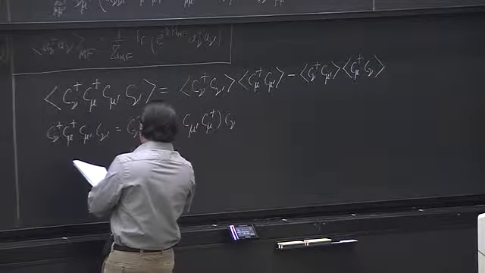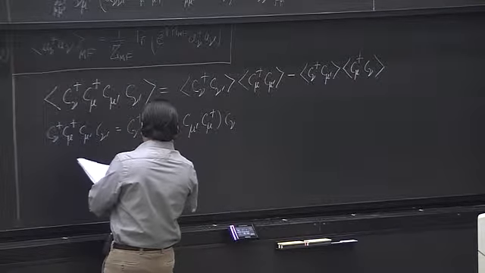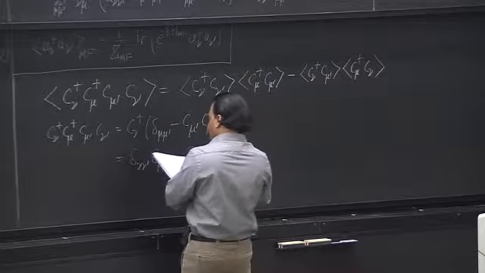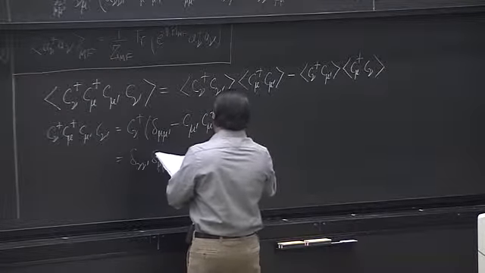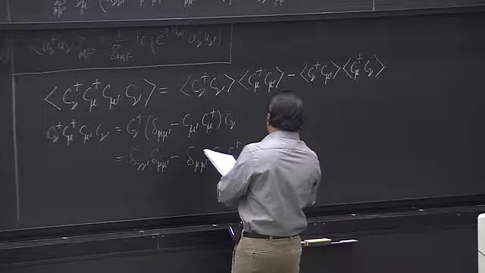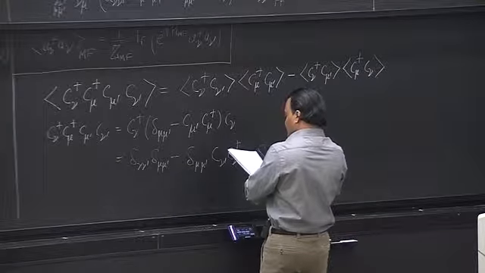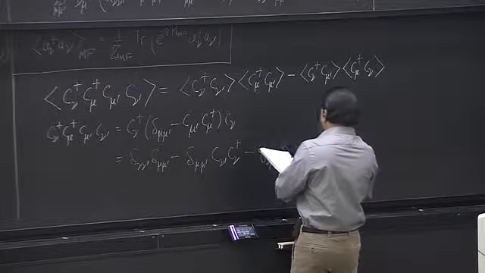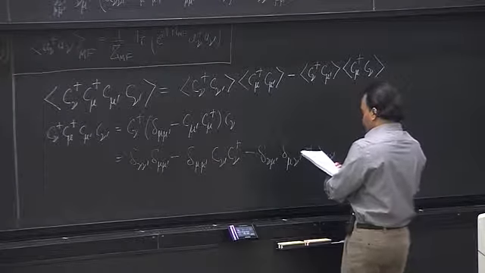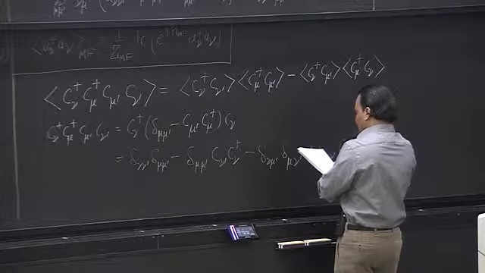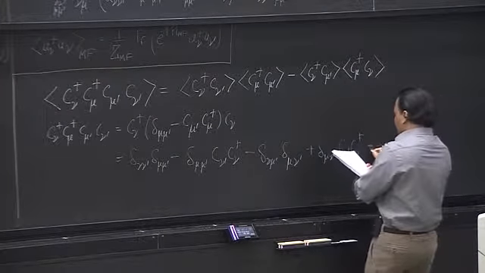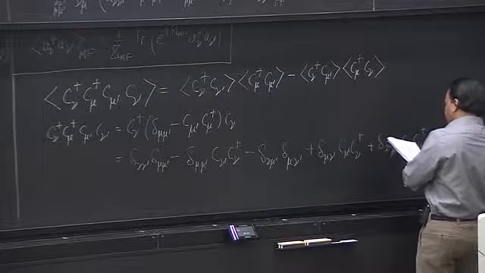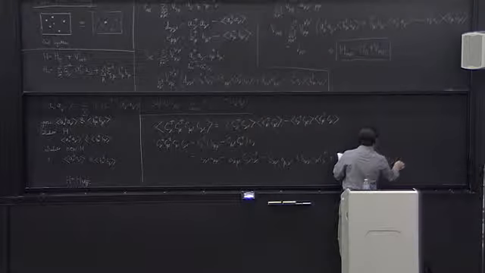This is equal to delta nu nu prime delta mu mu prime minus delta mu mu prime C nu prime C nu dagger minus delta nu mu prime delta mu mu prime plus delta mu nu prime C mu C nu dagger C mu prime plus delta nu mu prime C nu C mu dagger minus C mu prime C nu dagger C nu prime C mu dagger.